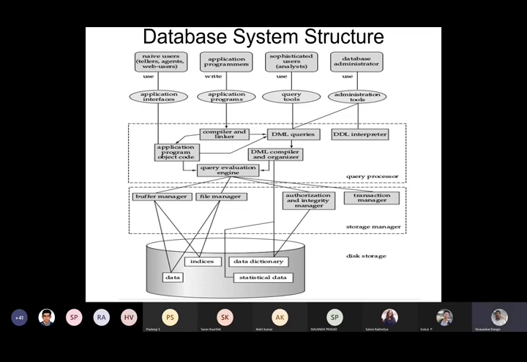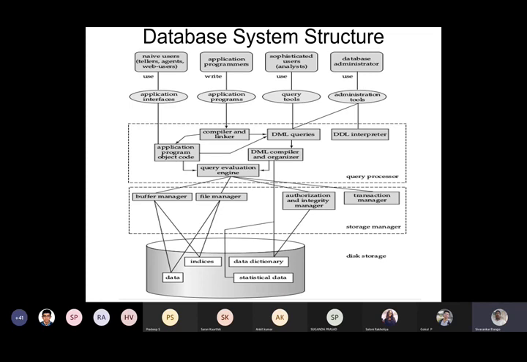Then we have application programmers. Application programmers are the people who interact with the system by having some DML calls that are embedded in some high-level programming languages, right? They use an application program as an interface to interact with the database. You have some data manipulation language commands, DML commands, embedded in a host programming language, and you can interact with the database.